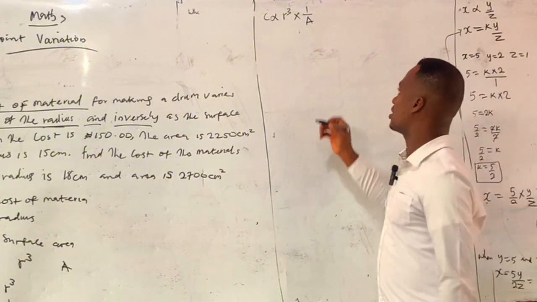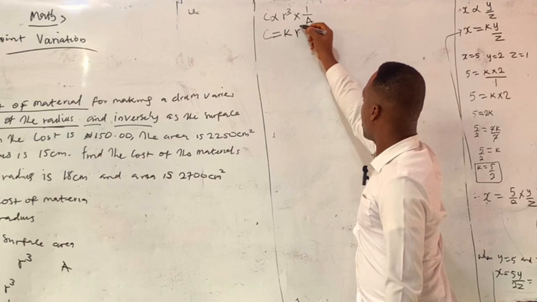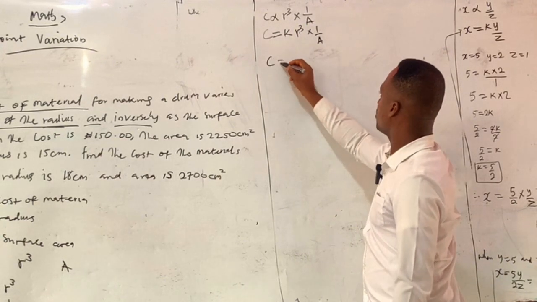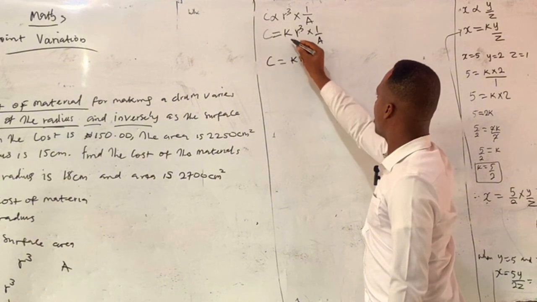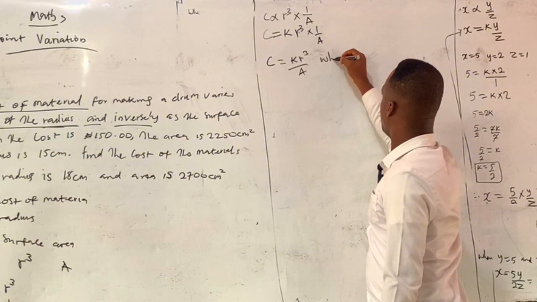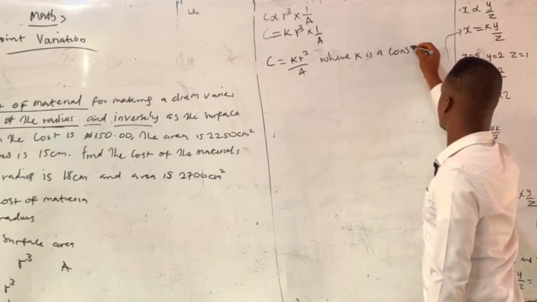We introduce a constant. So C is equal to a constant K, R cubed times 1 over A, which you can write as C is equal to K, R cubed, everything here multiplied by 1, all over A, where K is a constant.